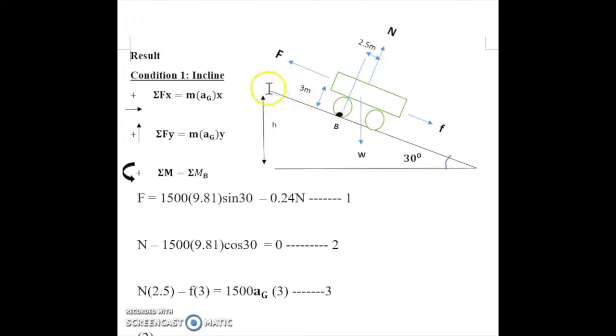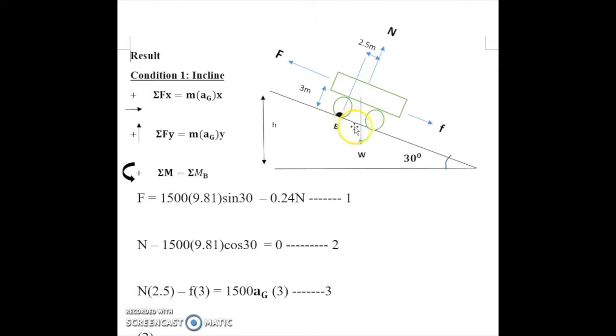Now you can see on the free body diagram, there is a slope here, and the slope is 30 degrees up from the ground. This 30 degrees is the same as the angle between W and N if we elongate this force.